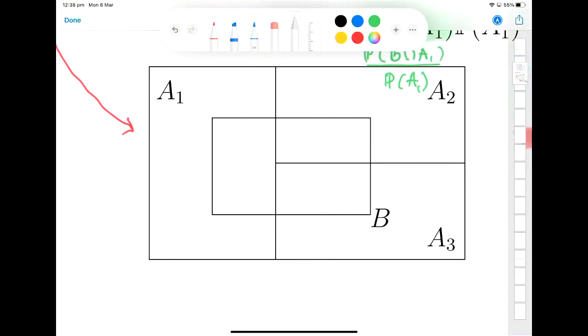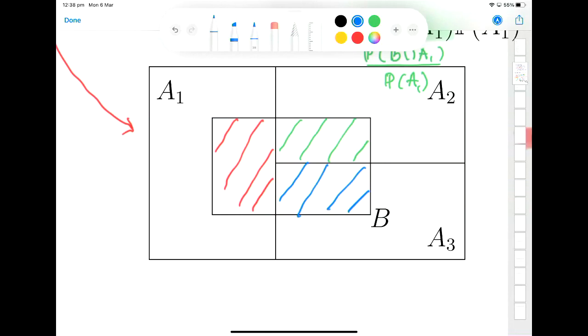So what is the probability of B? The probability of B equals the probability of this area plus the probability of the green area and then plus the probability of the blue area, right? Because they are all disjoint and a partition.